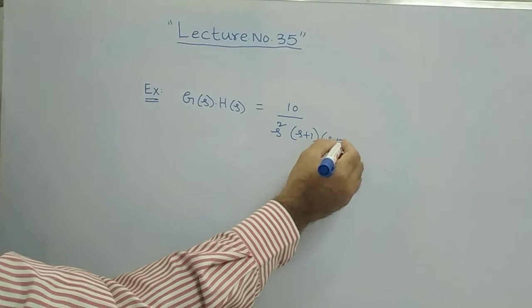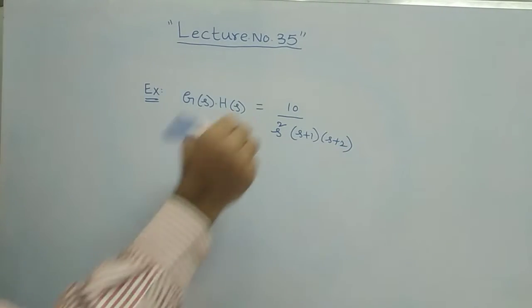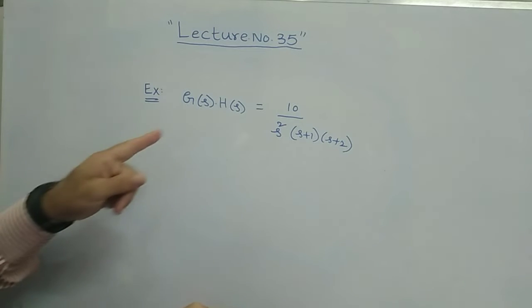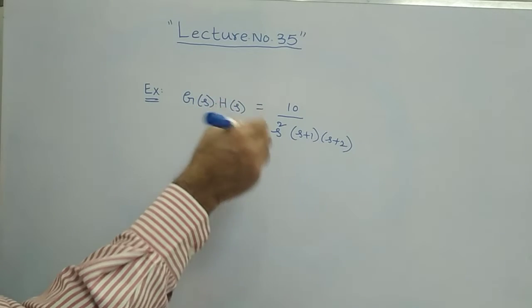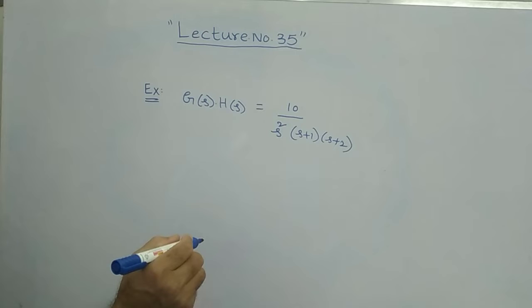Let us say this is the given loop transfer function. Now tell me, what is the type number of this system?